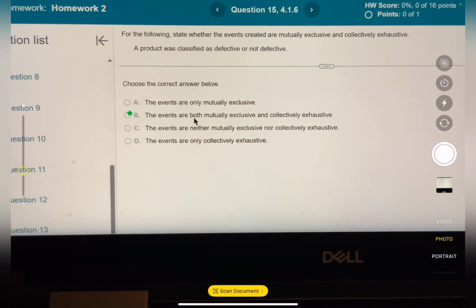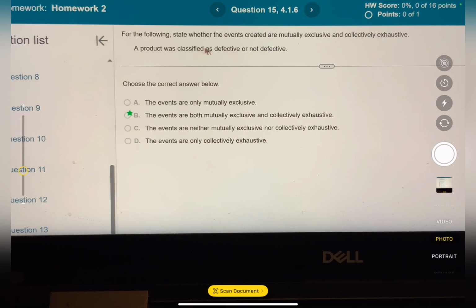The events are both mutually exclusive and collectively exhaustive. The events are neither mutually exclusive nor exhaustive. No, it says whether the two events, this product was classified as defective or not defective.